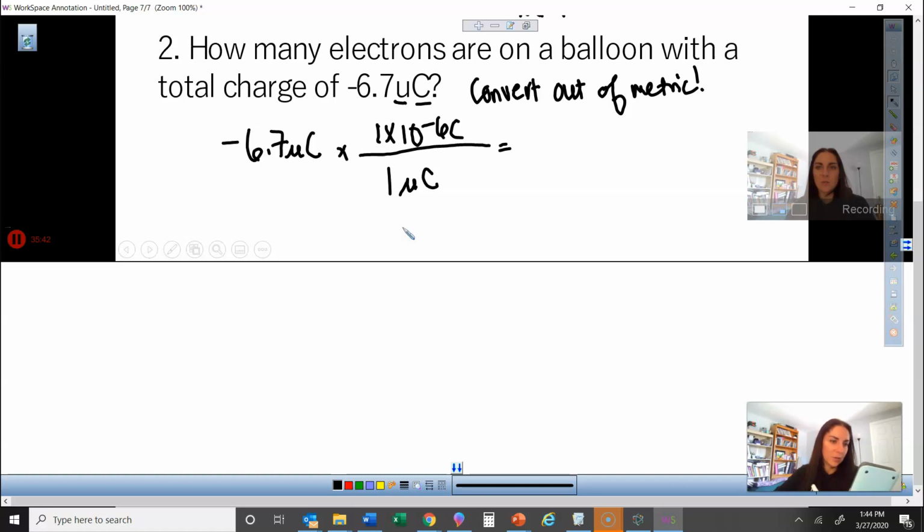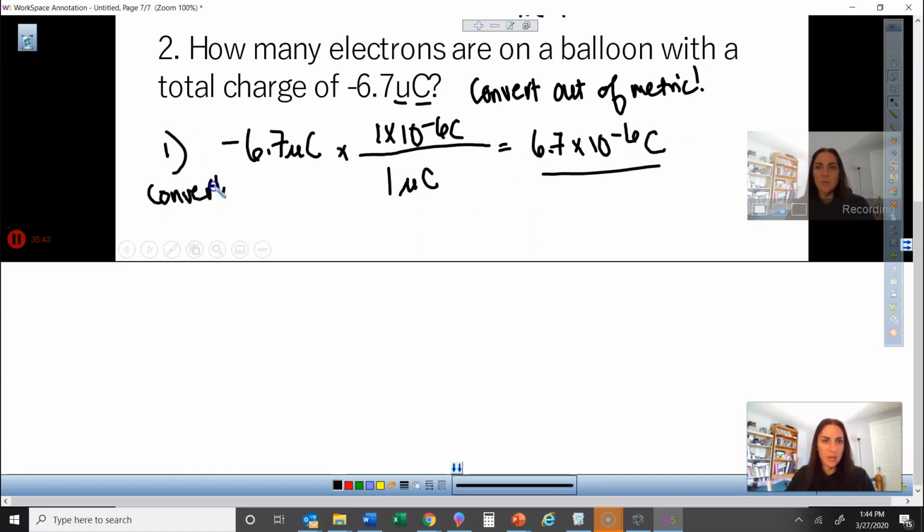Mess something up here. Hold on. Delete. 6.7 times 10 to the -6. Okay, sorry. 6.7 times 10 to the -6 coulombs of charge. So once I convert, step 1 is convert. Now I can actually go ahead and do the number of charges.